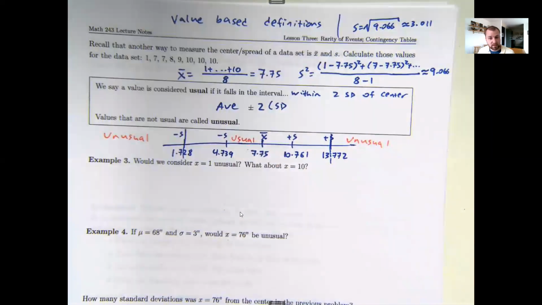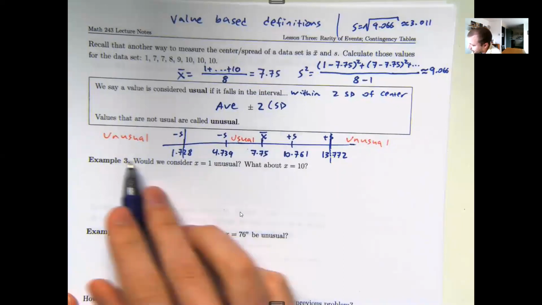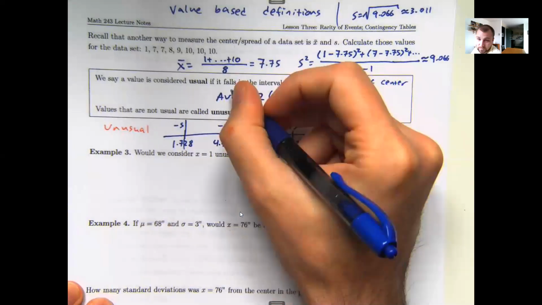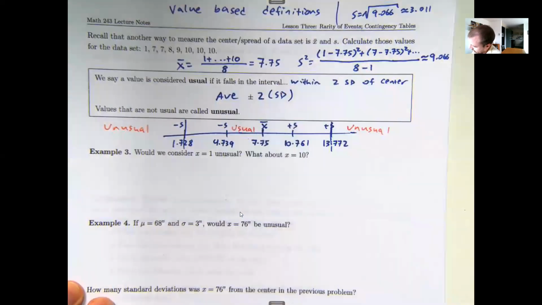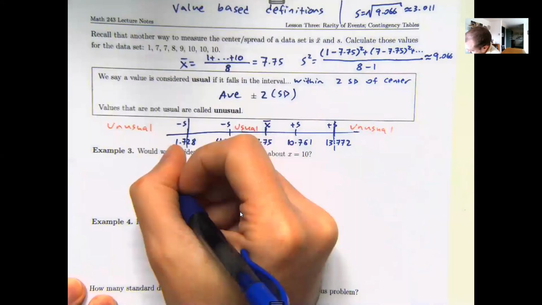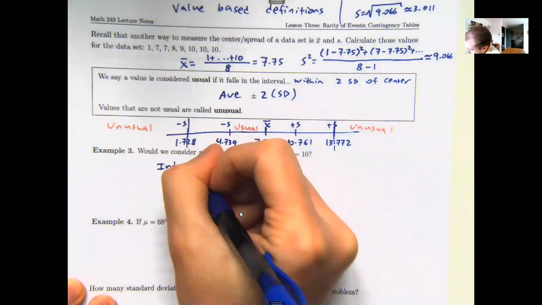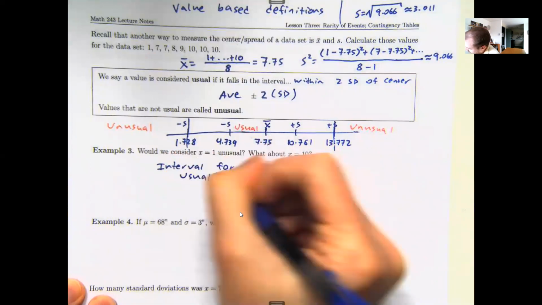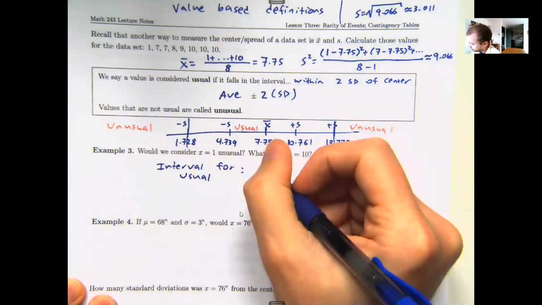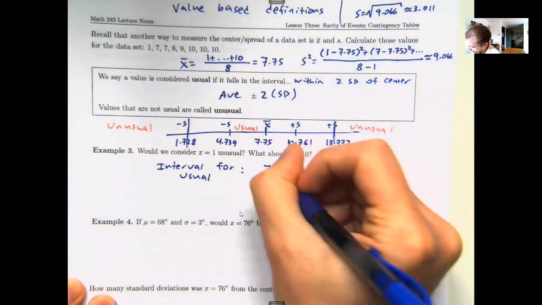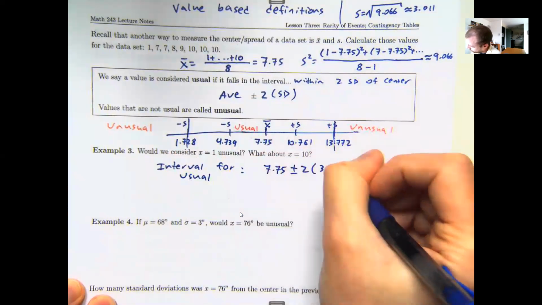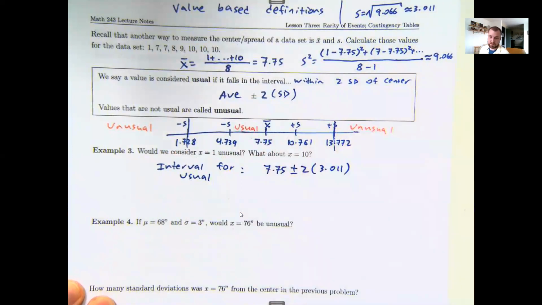So would we consider x equals 1 to be usual or unusual? Well, let's see where that is on my graph. So let's do the math here using this formula where I have average plus or minus 2 times the standard deviation. So my interval for what I consider usual to be, I'm going to go from the center, 7.75, and I'm going to add and subtract 2 times that standard deviation.